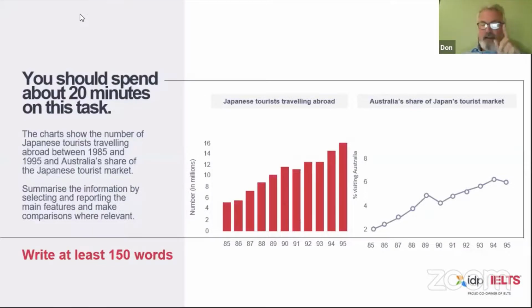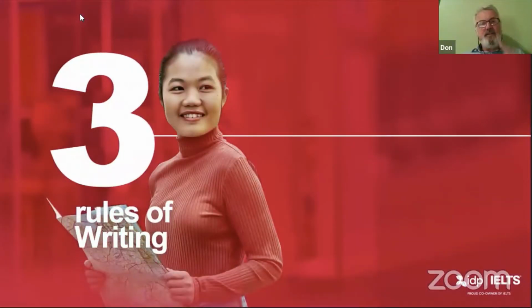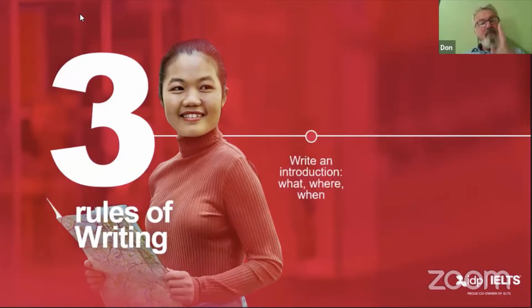Let's look at a really good essay that answers this question. And the way it answers it, it does 3 things. The first thing is it writes an introduction that talks about what they are talking about, that mentions where they are talking about, that mentions the dates when they are talking about.